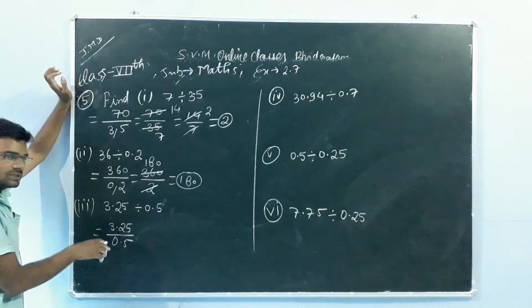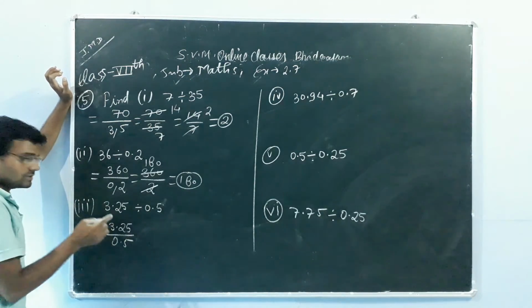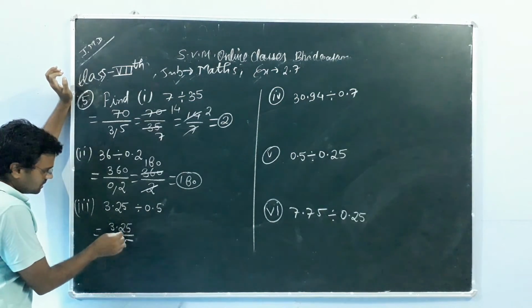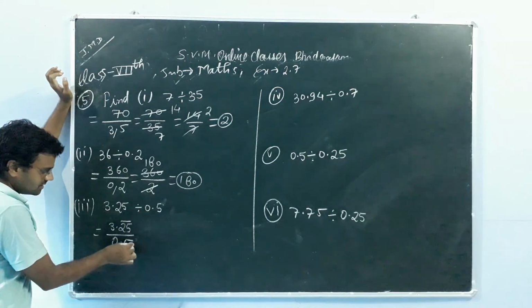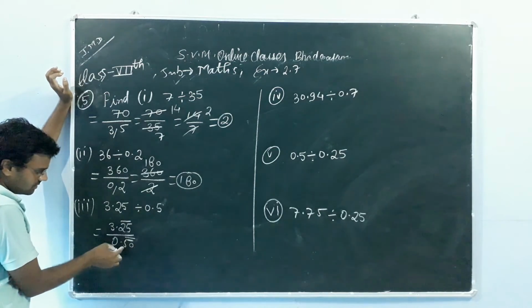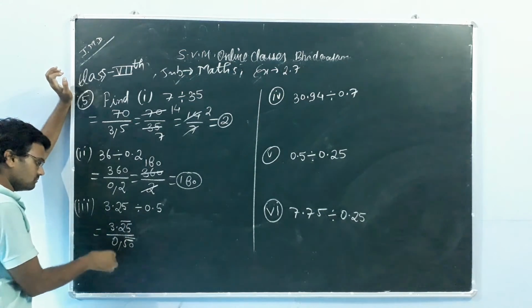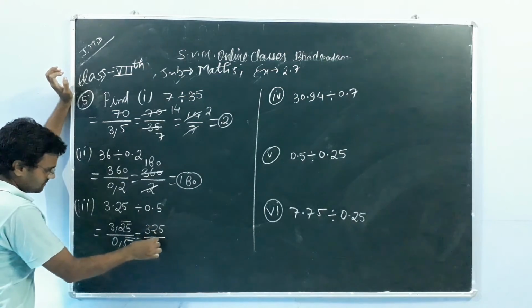Then we can remove the decimal point properly. Here two digits are coming after the decimal point, so we have to make an additional digit, creating two digits. Now the digits are equal, we will remove the decimal point. Now we get 325 divided by 50.